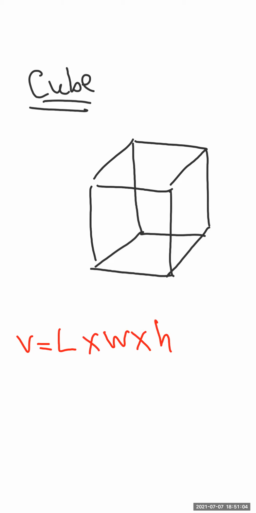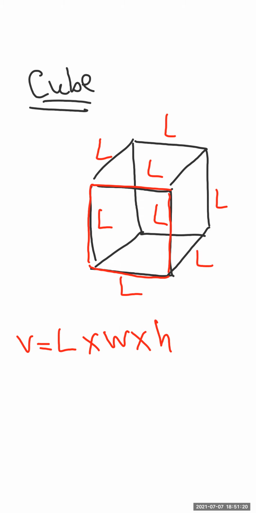But here, in the cube, each face is a square. So this means if this one is length, this one will be the same, and this one, and this one, and this one, and this one. So all side lengths are equal.